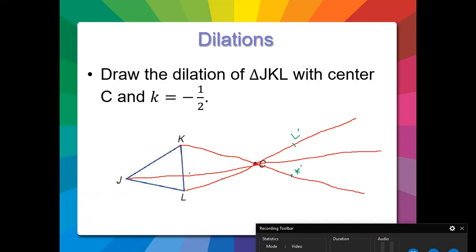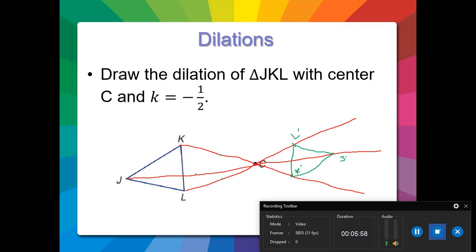Half the distance is maybe here. I would want to measure that distance. It's maybe here. This will be J prime. And then we'll connect the points. So J prime, K prime, and L prime should be half the size, but it should be on the other side of the center of dilation because of the negative scale factor.